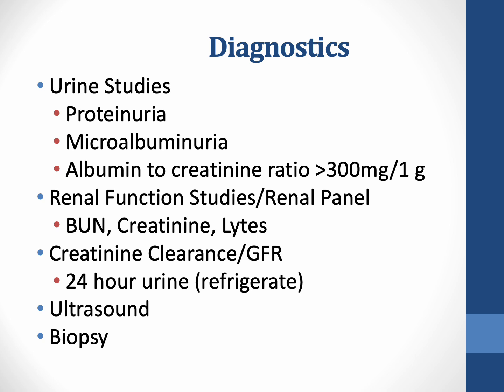Renal function tests include BUN, creatinine, and electrolyte levels, while measured GFR, different from estimated GFR, which is a blood test, and creatinine clearance are measured through 24-hour urine collection. Imaging via ultrasound identifies structural issues like stones or tumors, and a biopsy provides detailed cellular pathology.